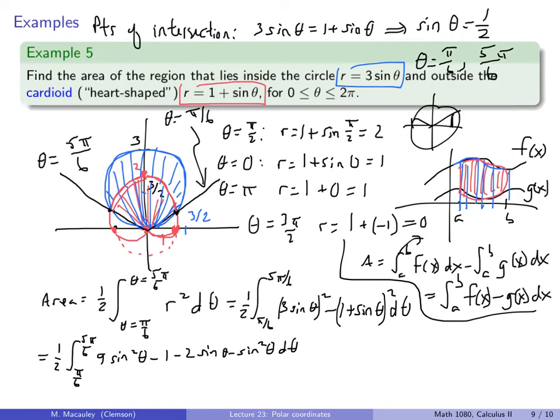Okay, I hope I can fit this in here. For the next couple integrals, I'm just going to leave out the pi over 6 and 5 pi over 6, and I'll put that back in later.